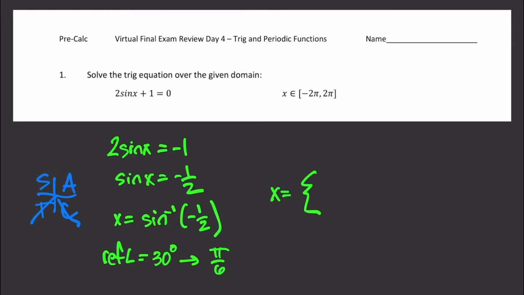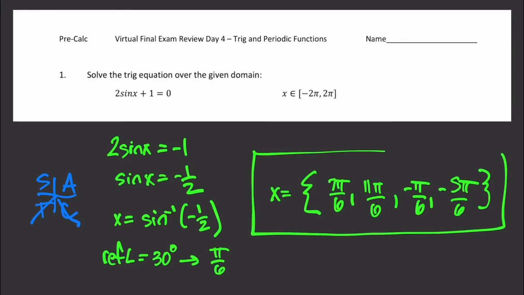That's going to give me 7 pi over 6. And then all the way around to the fourth quadrant is going to be 11 pi over 6. Going backwards now, that's going to be negative pi over 6, and negative 5 pi over 6. So we've got 4 angles that satisfy this equation that are between negative 2 pi and 2 pi.